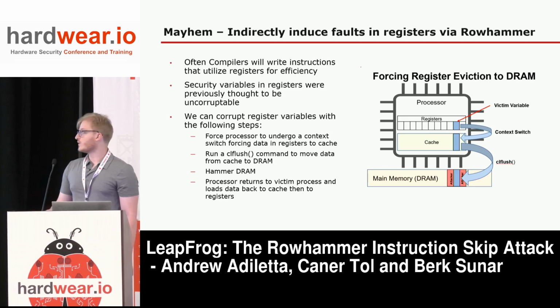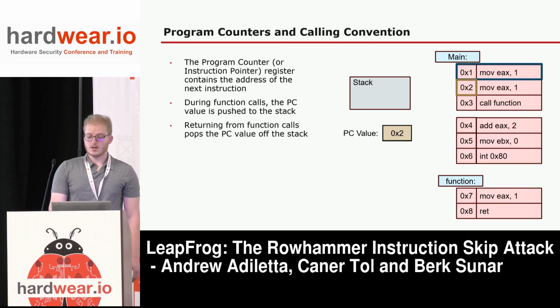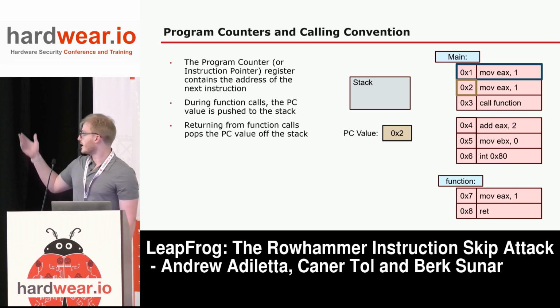So we came up with a number of different attacks around this, and that's what led into this LeapFrog attack. One example of a register is the program counter, or the instruction pointer. That stores the next address of the instruction that's going to get executed. I have this example here.